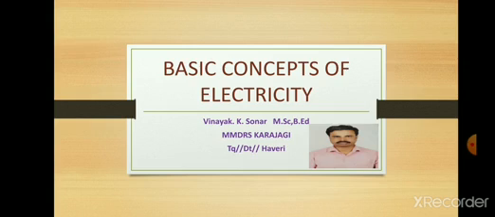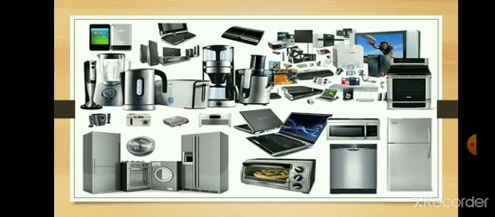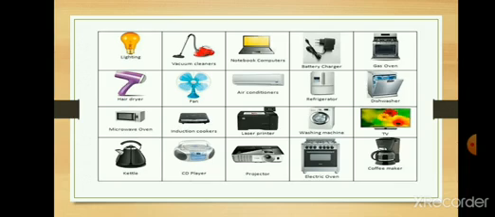Students, today we are going to study some basic concepts of electricity. We have seen so many electrical appliances in day-to-day life, like light, TV, fan, refrigerator, washing machine, induction cooker, CD player, microwave oven, hair dryer, computer, mobile.